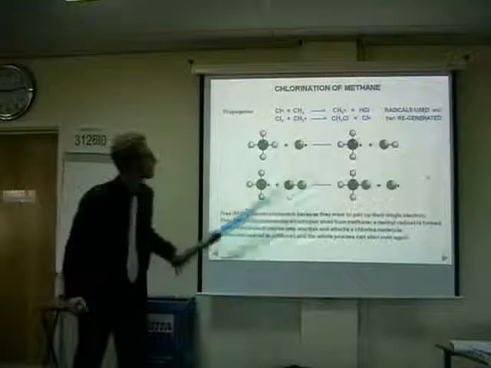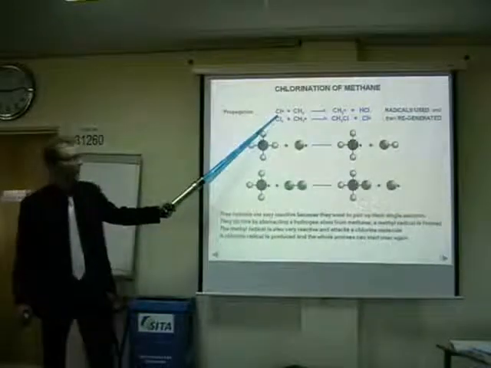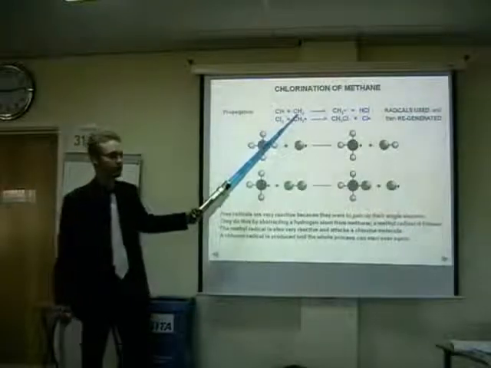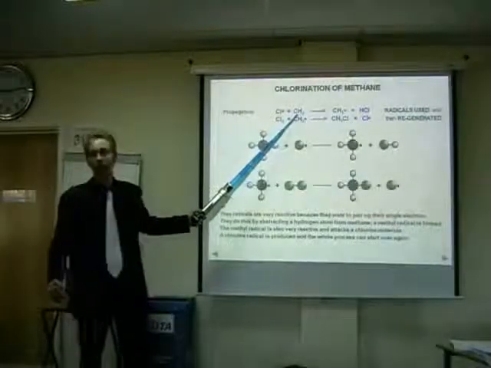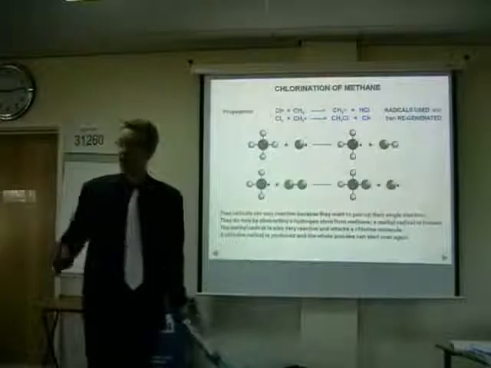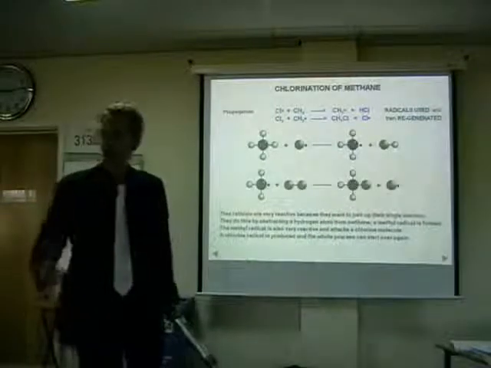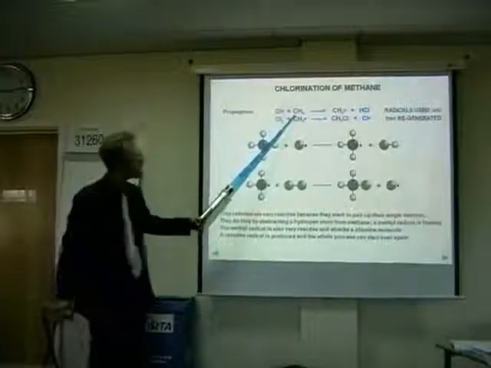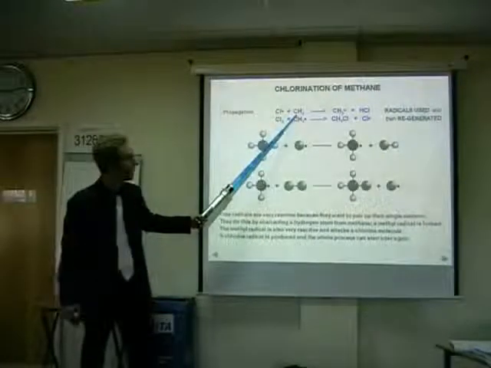Okay. Very simply, a radical can react with a molecule. That's hardly surprising. I've been saying for the last few minutes how reactive radicals are. We formed a radical by hitting some chlorine with some UV light. We're now going to react it with methane.